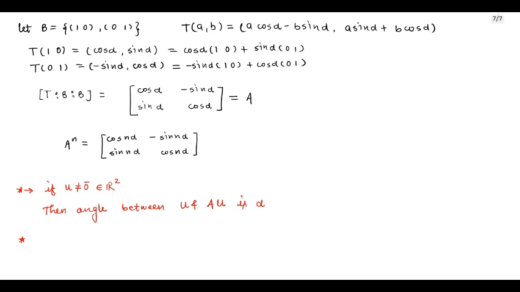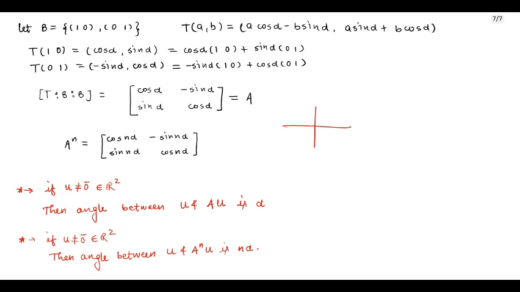Here is the second point: if u is a non-zero vector from R square, then the angle between u and A to the power n u is exactly n alpha, right? Image of image, every time you get an additional alpha angle, right?